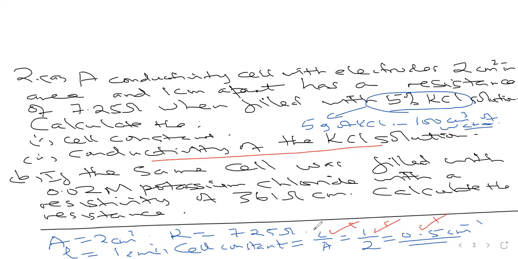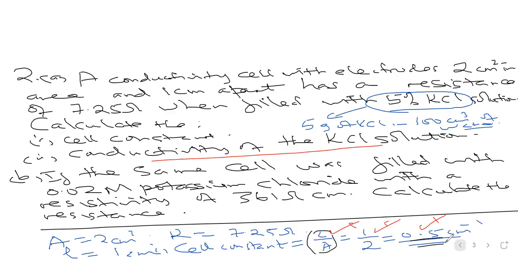Electrolytic conductivity is 1 over R times L over A. I want you to understand this formula, because we have used it several times. I've already got L over A here, which is the cell constant, so it will not waste a lot of my time. So what is R in this question? R is the resistance, 7.25 ohms.